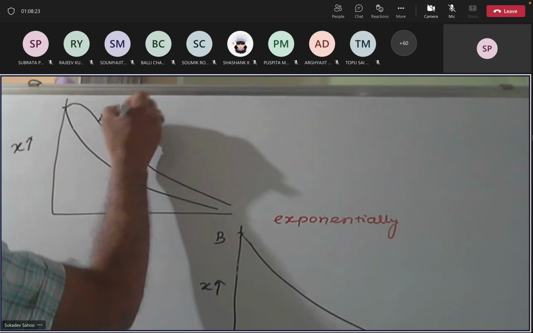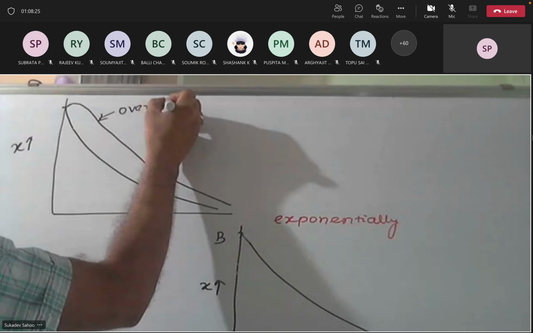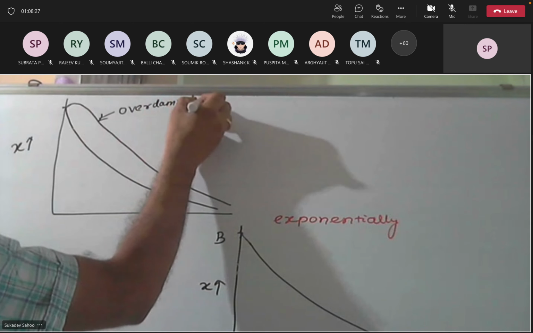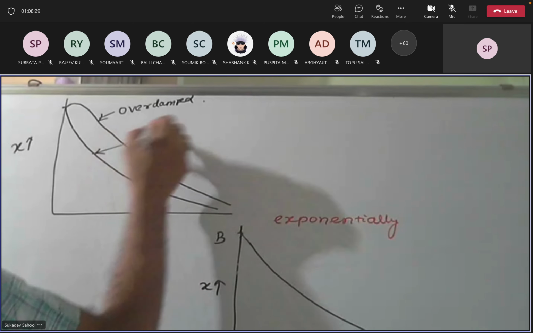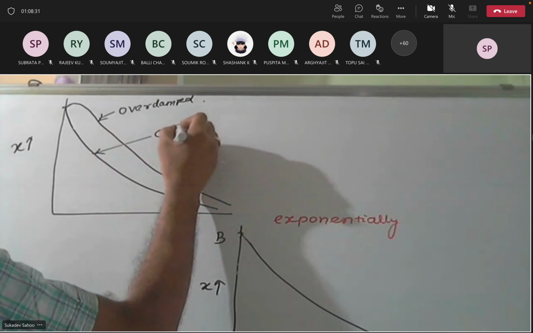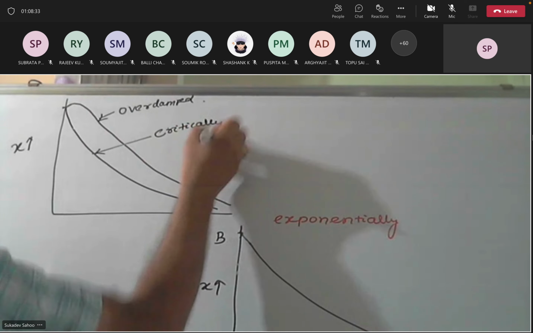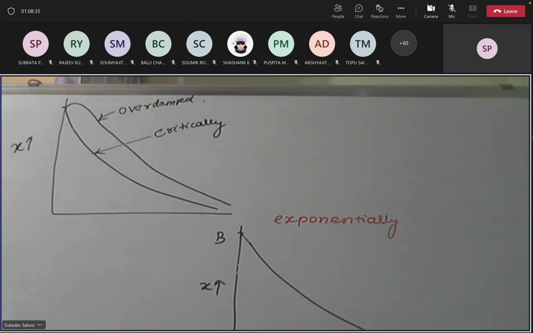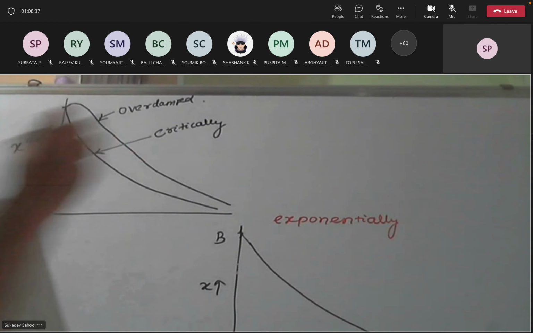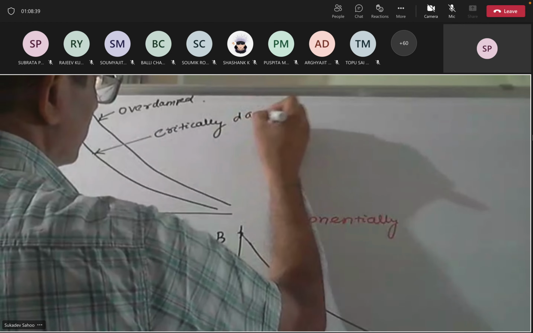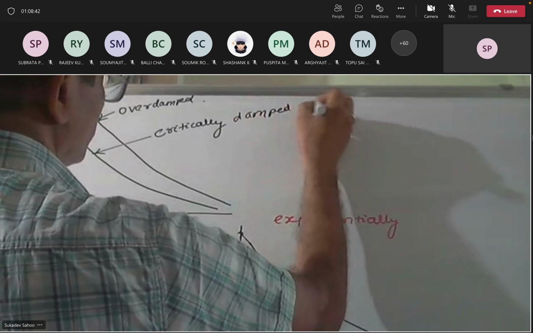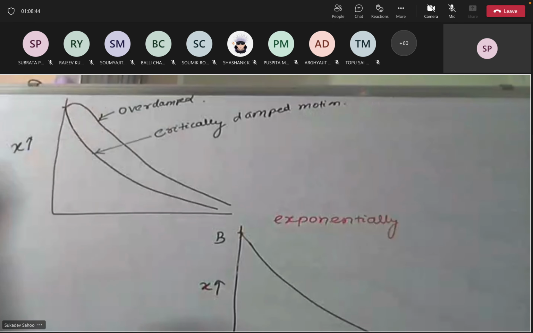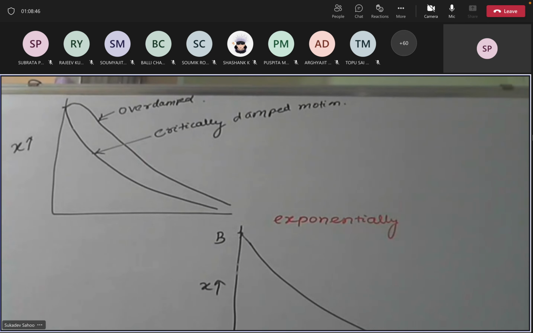This is the case of overdamped, and this is critically damped motion. Comparative study of overdamped and critically damped motion.